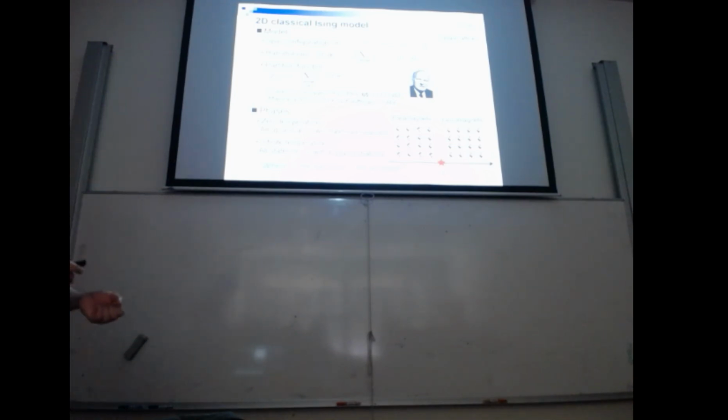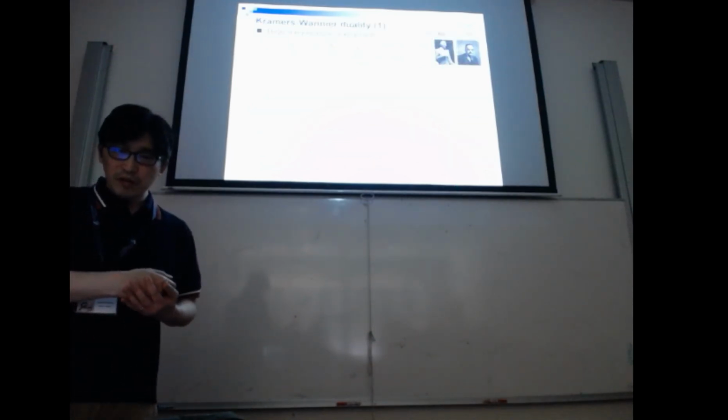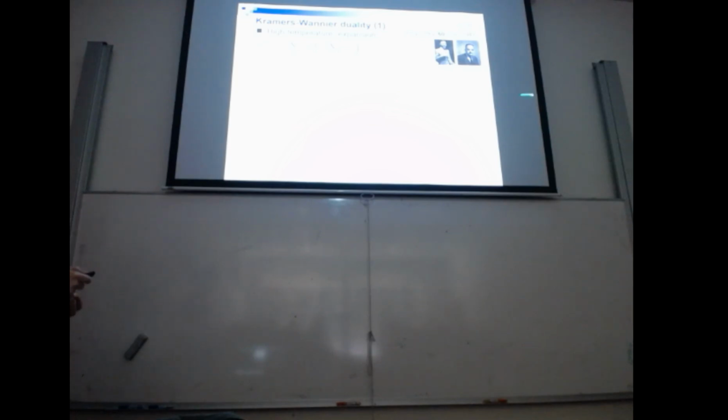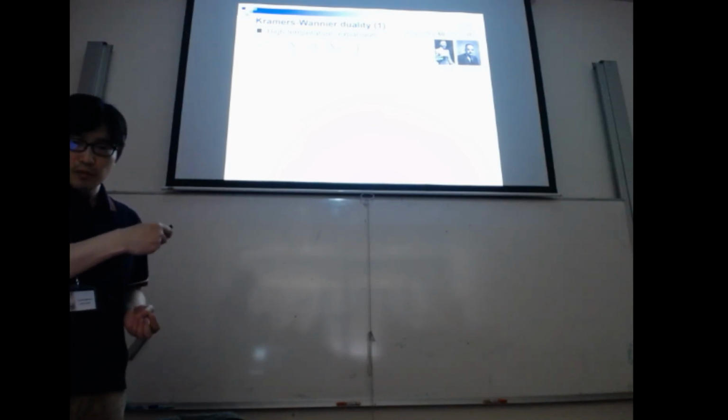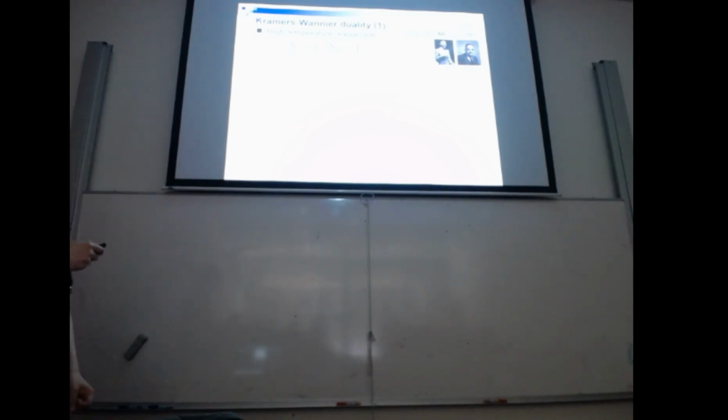But there is a shortcut to get this value of beta_c using the duality. And that's what people like Kramers and Wannier came up with in this paper. And okay, so this is again the partition function of the classical Ising model.